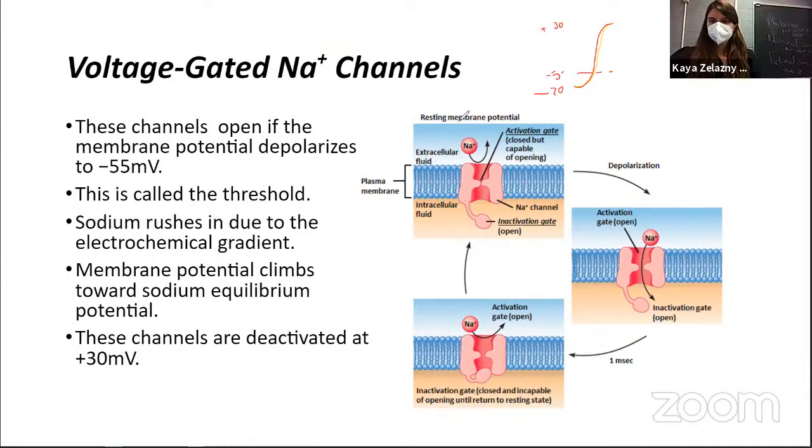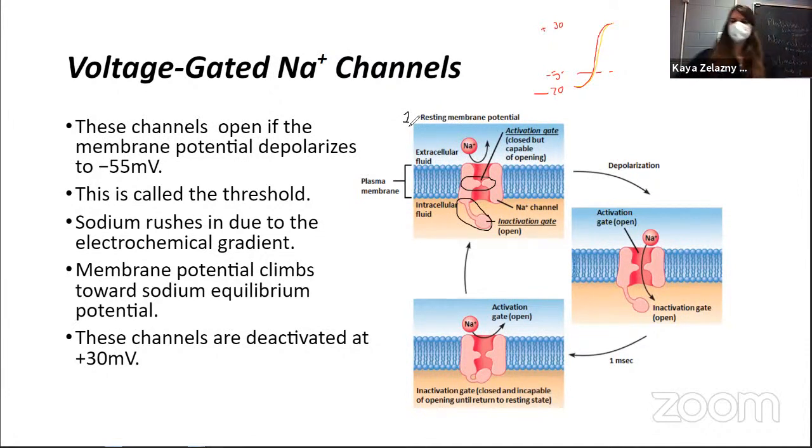If we look at the structure here, we'll see that there are two gates on the sodium channel: an activation gate and an inactivation gate. This first image is showing us the situation of our voltage-gated sodium channels at rest.